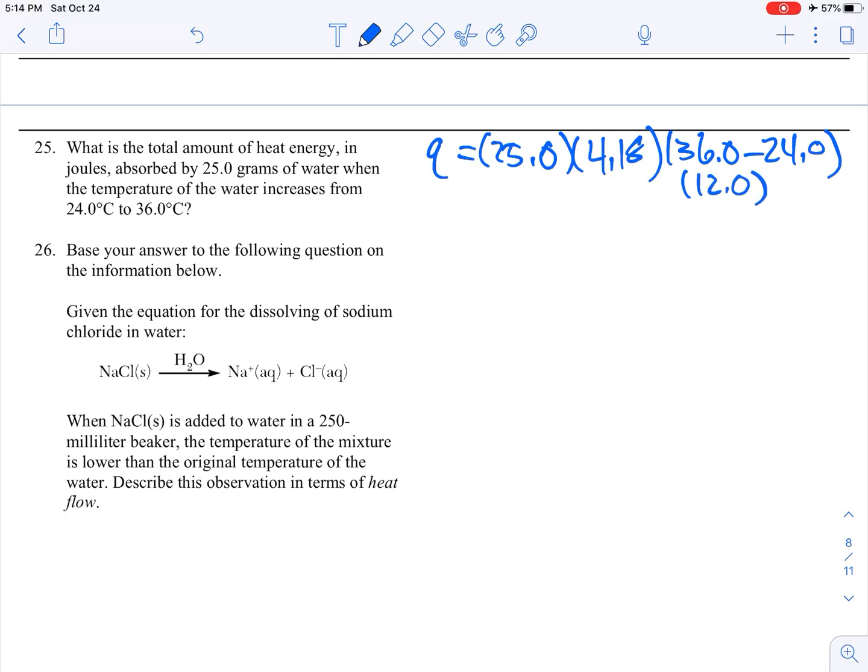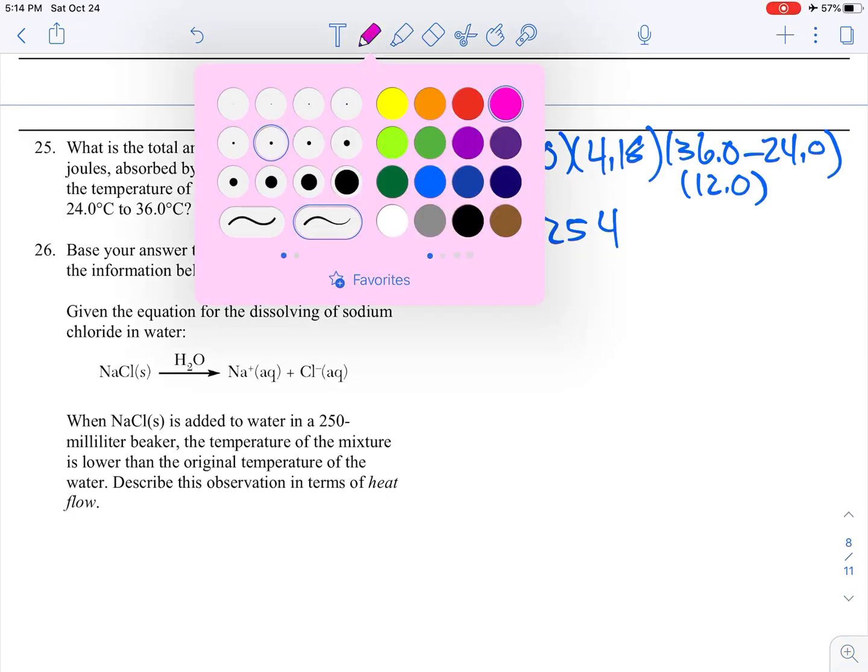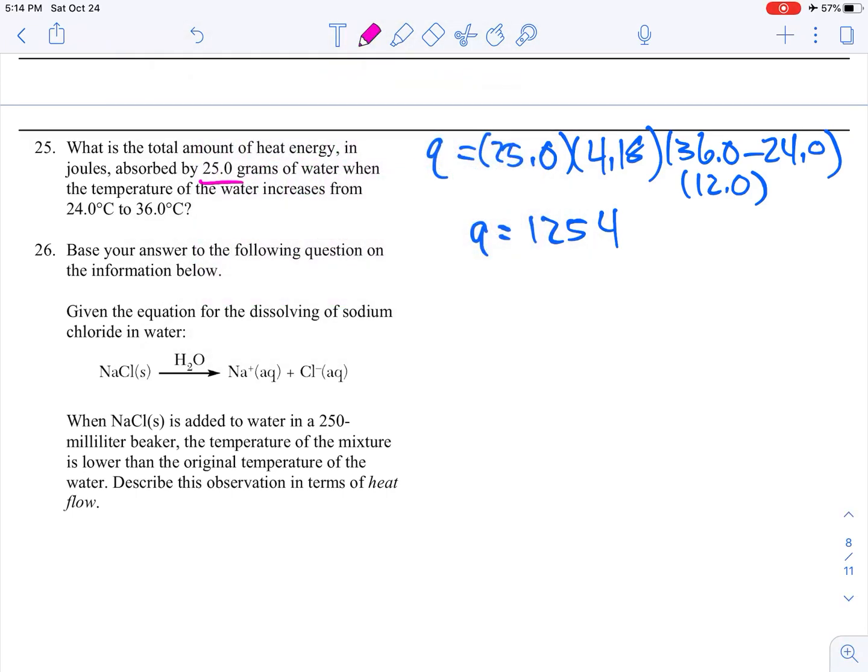So 25 times 4.18 times 12 gives me 1254. Let's talk sig figs. So 3 sig figs, 3 sig figs, 3 sig figs. Here they are. So my final answer becomes 1250. Put a 0 in there to hold the place value.